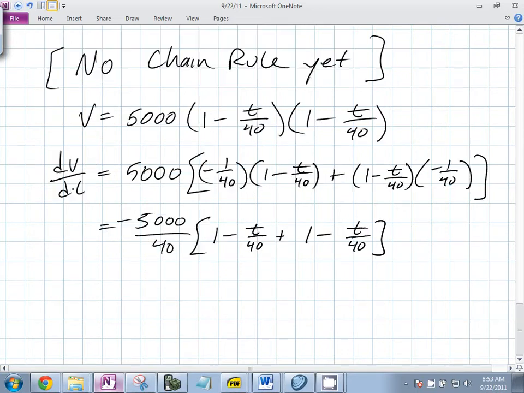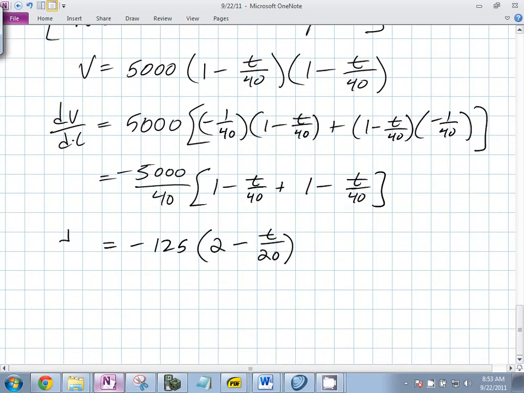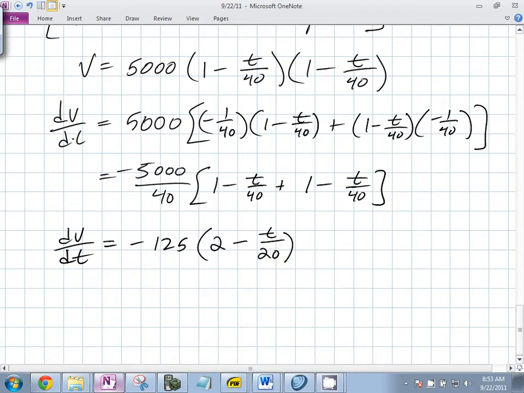So if you simplify this, what's 500 over 4? 250 over 2? Negative 125 times 2 minus t over 20. So dV/dt is negative 125 times 2 minus t over 20. Yeah, exactly.